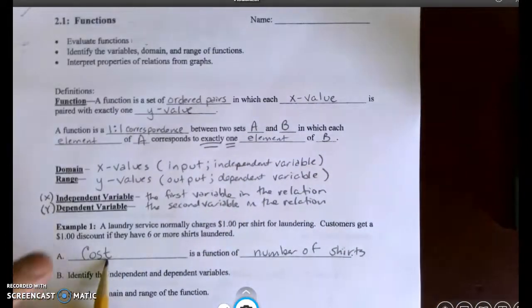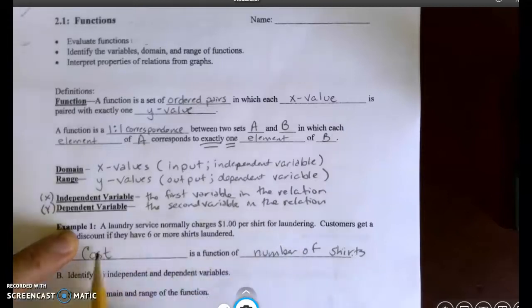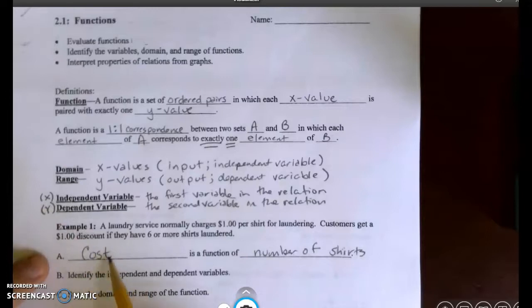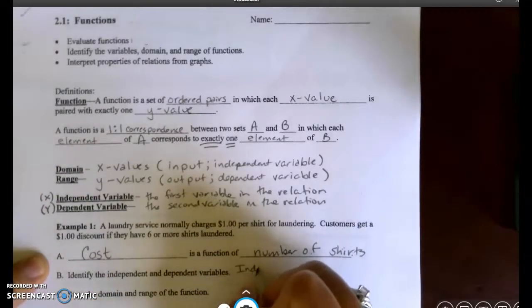So cost is the thing that's changing, that we're measuring, and number of shirts is what affects that cost. So because this is ultimately what we want to see, what's happening to our cost based on our number of shirts, our independent is the number of shirts.